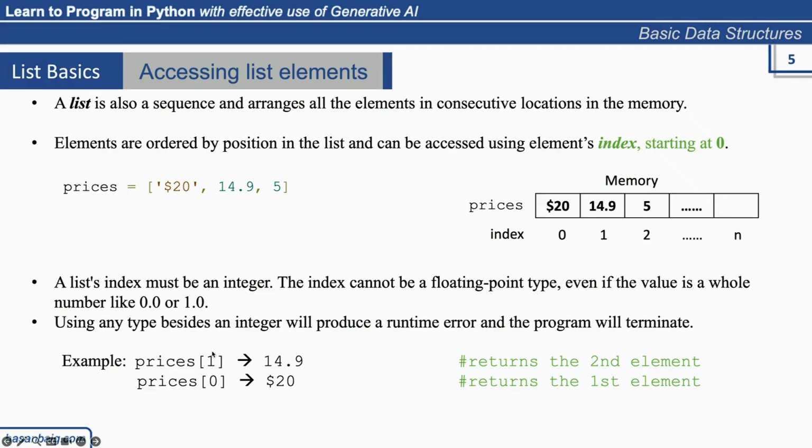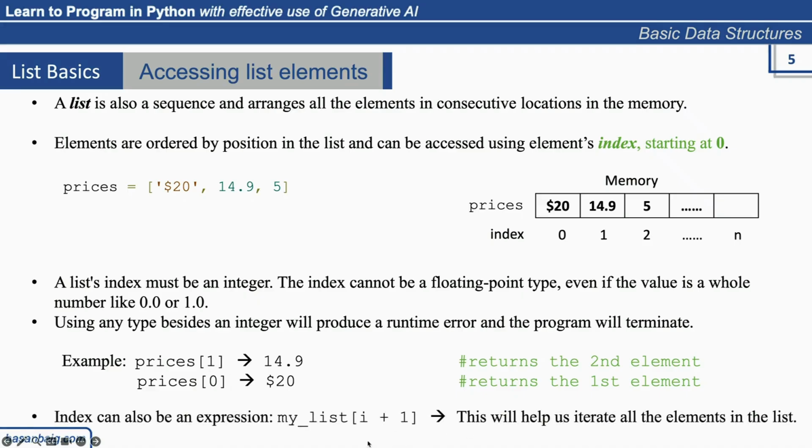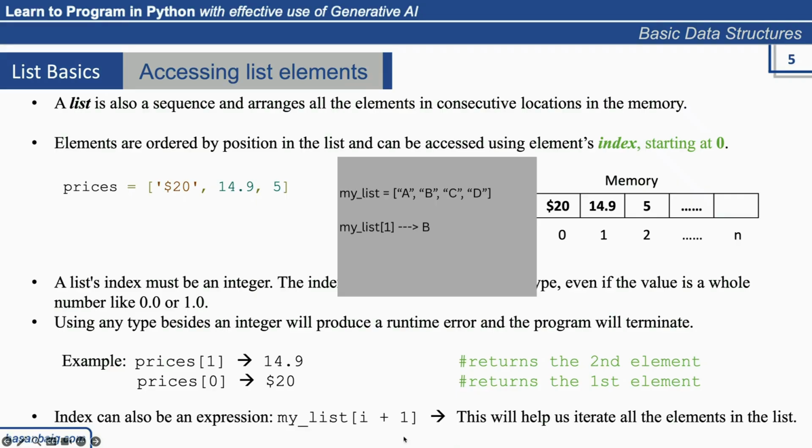So this index part can also be an expression. For example, I have, let's say, an array my_list, and let's say it has some elements, A, B, C, and D. When I write my_list and I want to access a value, for example 1, what do you think will it return?